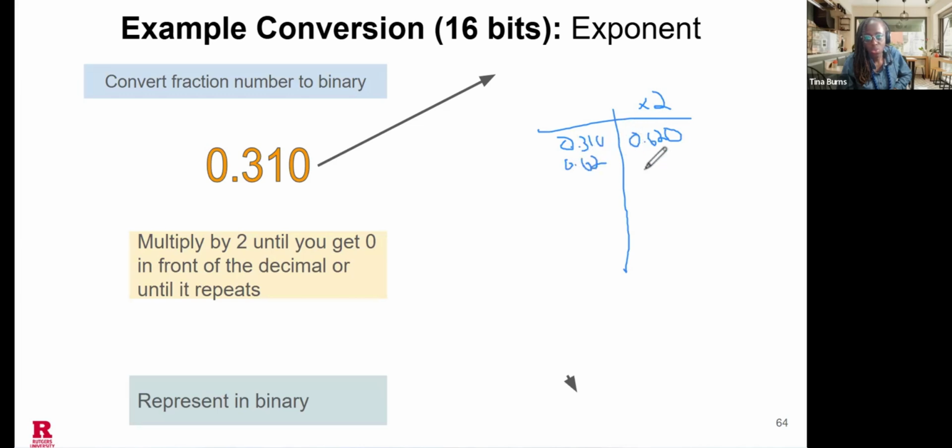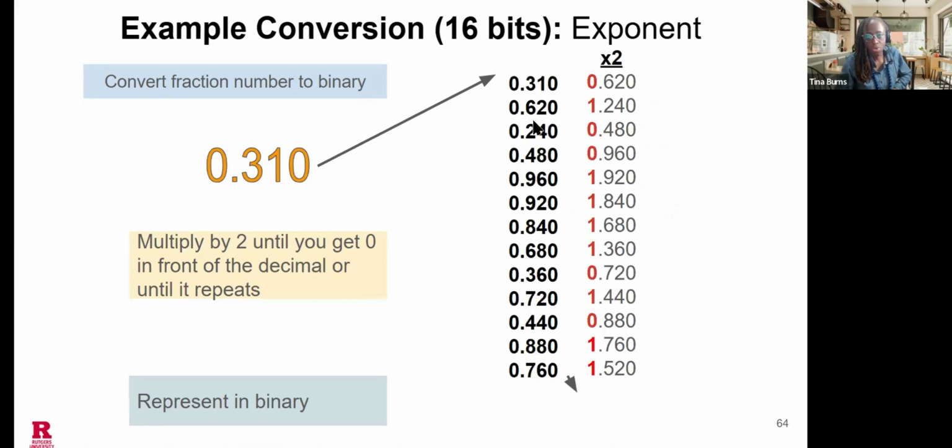I do not actually want to do all these numbers, so I may stop at some point. So we have 0.24, 0.48, 0.96. All right, I'm going to just stop here because you guys get the idea, and we've done those previously.